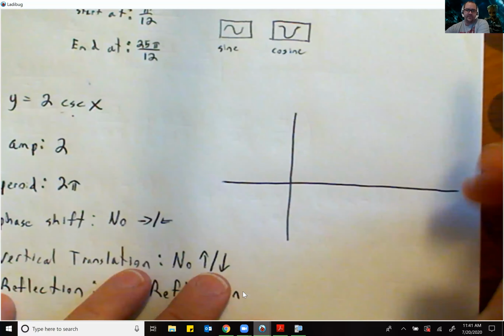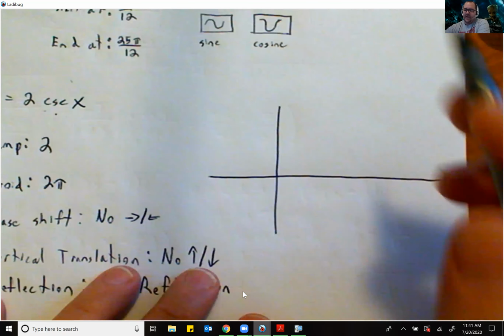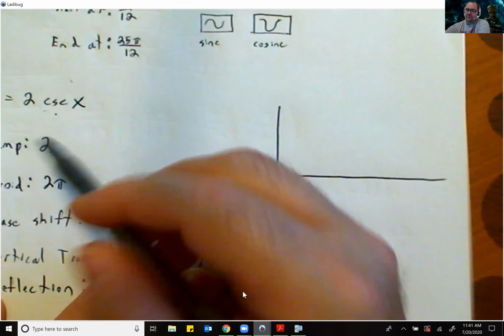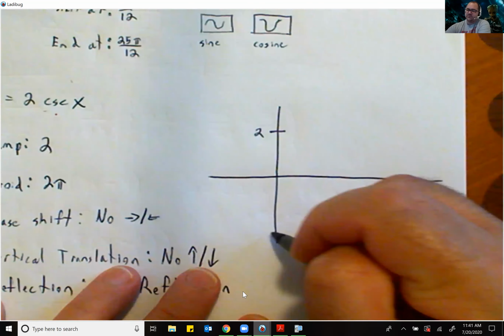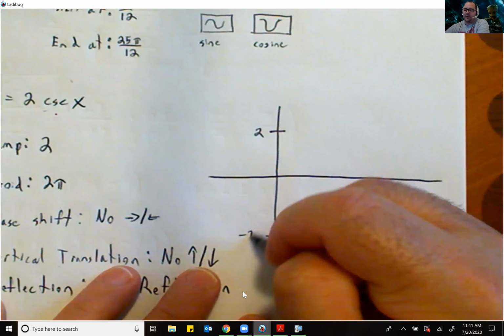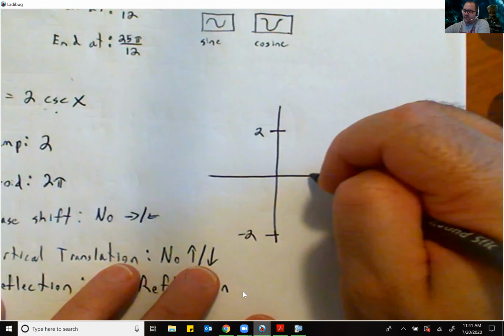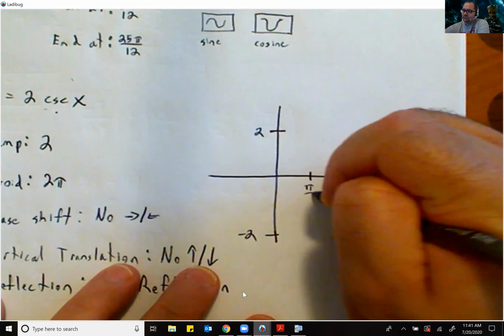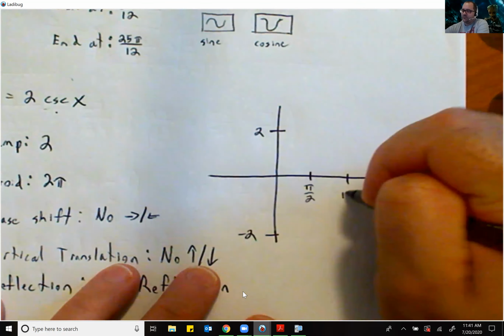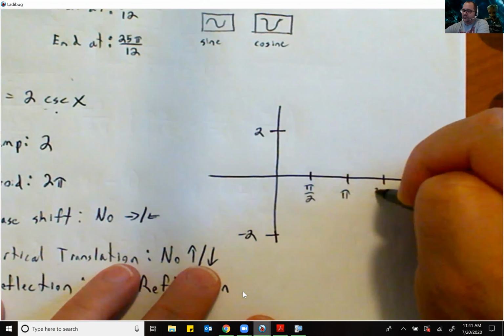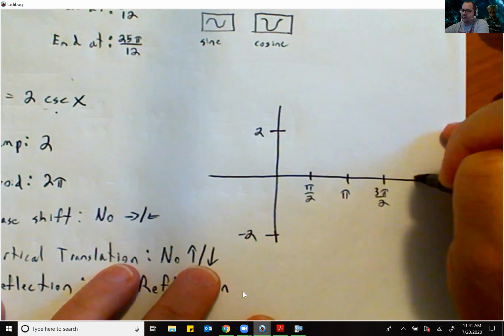So amplitude is 2, so it goes up to a positive 2, goes down to a negative 2. The period is 2 pi, and it doesn't move left or right, so we're going to have pi over 2, pi, 3 pi over 2, 2 pi.